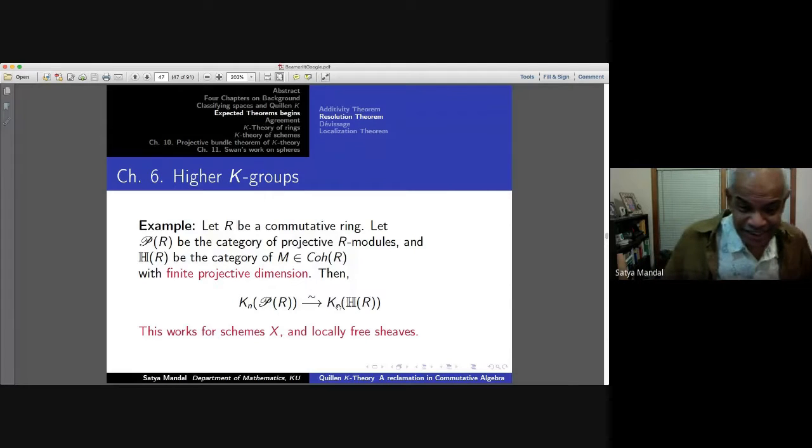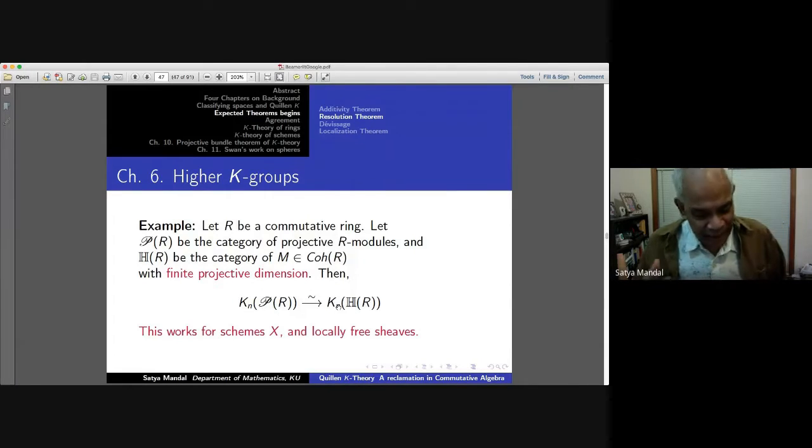And at least if you have done any K-theory, you know K0 of these two things agree. We always knew that, okay. Basically, I would say Quillen just made that proof work. So if you assume R is regular, then the right hand side, H R, is the category of coherent modules, meaning finitely generated modules. Okay, so again, this works.